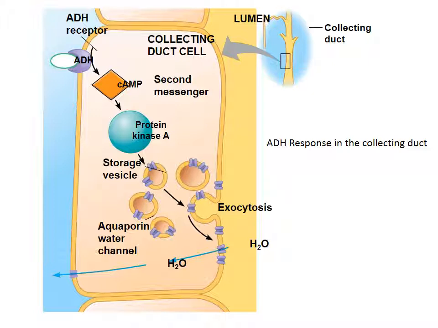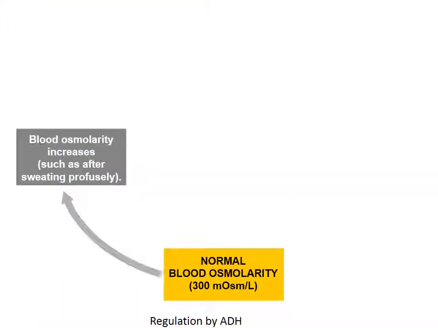This is an idealized collecting duct cell, and what you see is the ADH receptor actually acting on it, and storage vesicles being generated, which have aquaporins stuck on them, which then go and act on the plasma membrane, expand it, they join up to it, and because of all these extra aquaporins, now more water can move from the nephron back into the collecting duct cell and then back into the body.